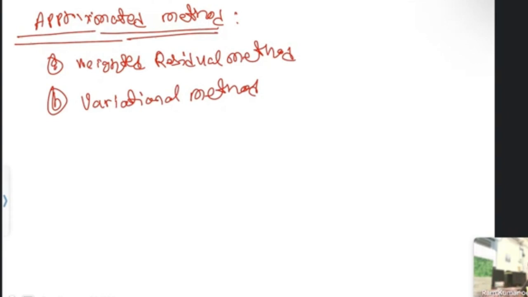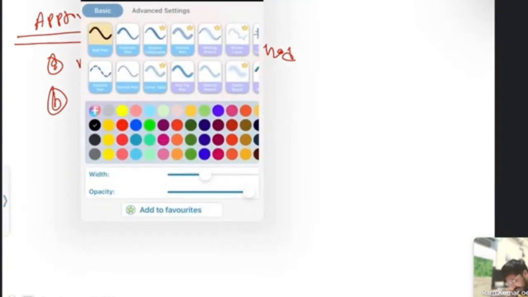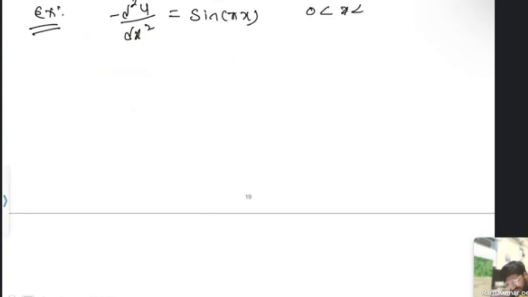Like we will solve one problem, then we will solve it too. So let's take one example to understand the method. Let's assume that we have one differential equation. Example: minus d2u by dx2 equal to sine pi x in the range of 0 to 1.